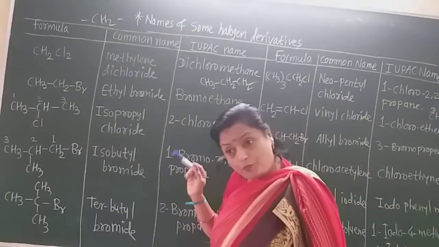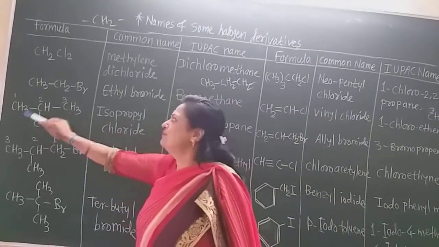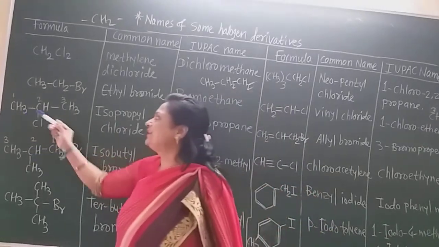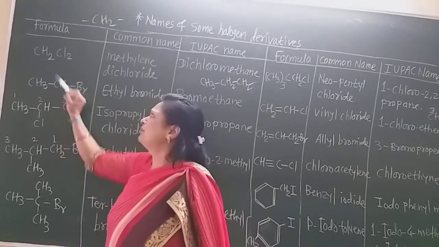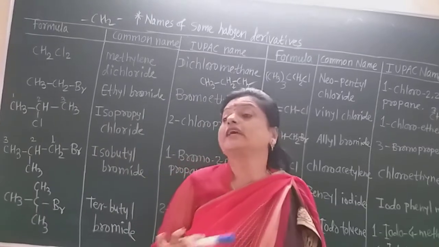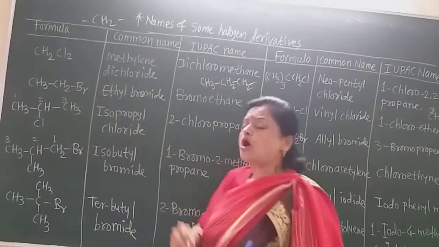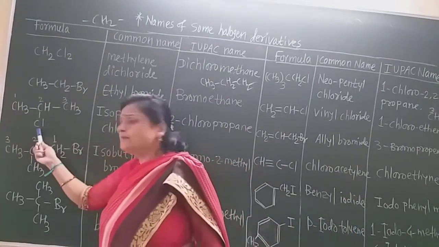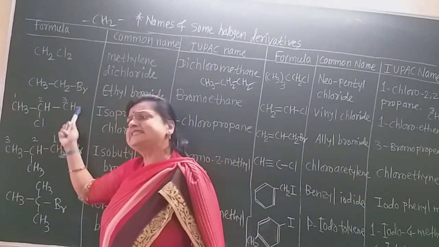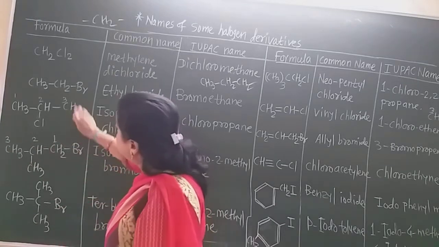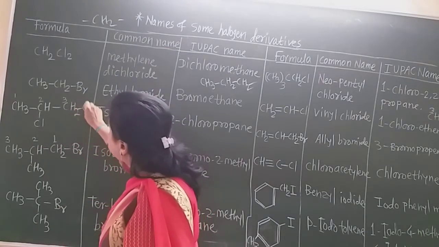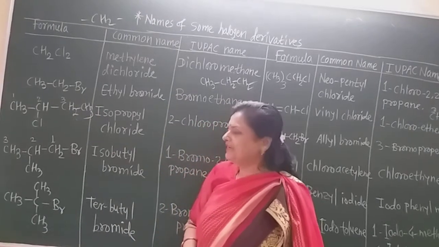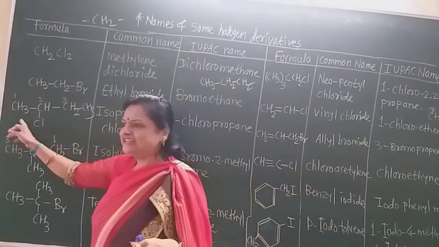But now for this alkyl halide we must give the numbering, because more than 3 carbon atoms must have numbering. In 2 carbons or 1 carbon, numbering is not required. Remember that. Now how can we number this? As from both sides this comes in the middle, you can number from this side or this side. But if one of the carbons is more, then the numbering must be from the side where the halogen is nearer.